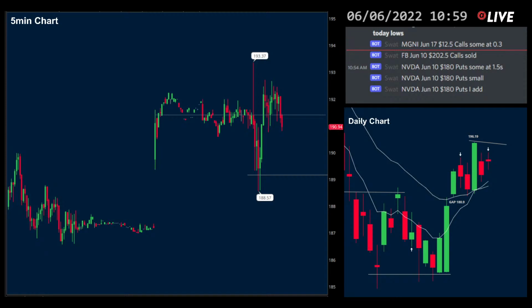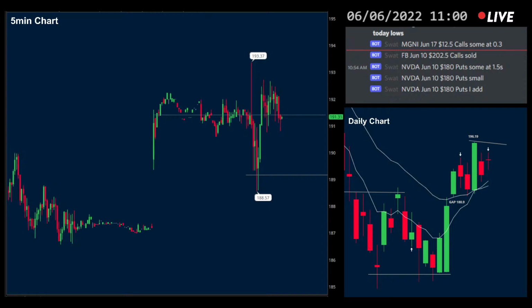So not an easy environment for now, but trying to be patient here. Very slow and choppy, guys.